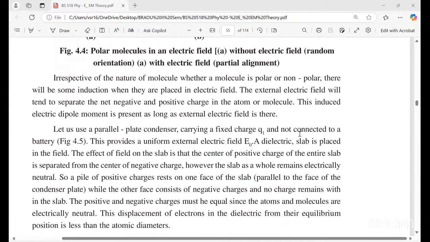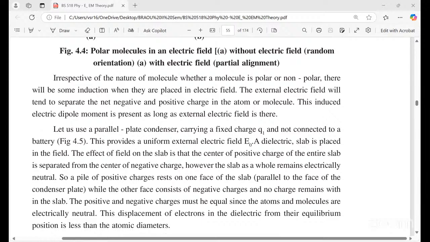So here, irrespective of the nature of molecules, whether a molecule is polar or non-polar, there will be some induction when they are placed in an electric field. Before placing this in an electric field, imagine that the orientation of these dipoles is random.